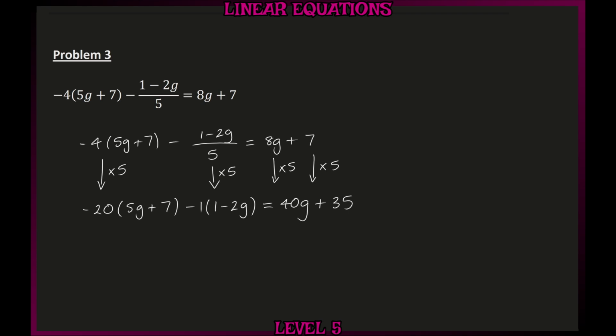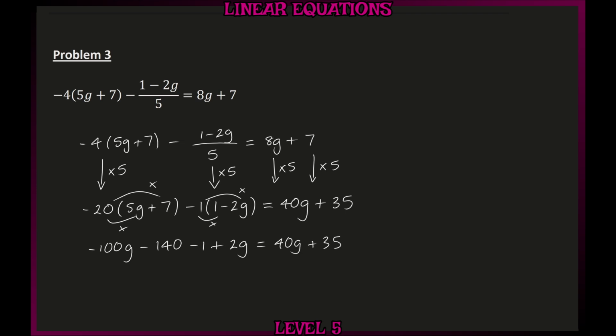So going back to the left, we can now expand. So minus 20 multiplied by 5g is minus 100g, and minus 20 multiplied by 7 is minus 140. Minus 1 multiplied by 1 is minus 1, and minus 1 multiplied by minus 2g is plus 2g, and that's equal to 40g plus 35.